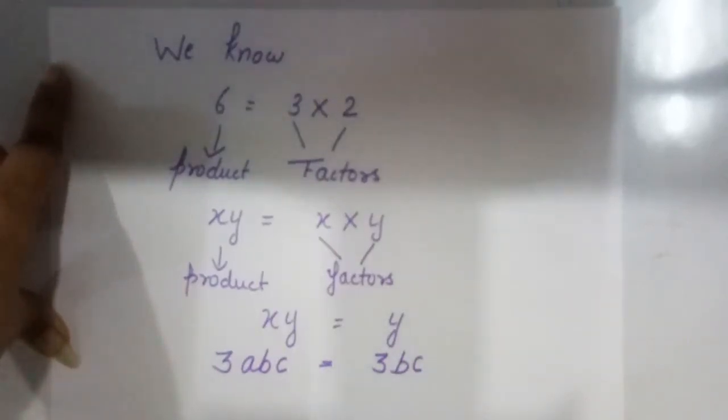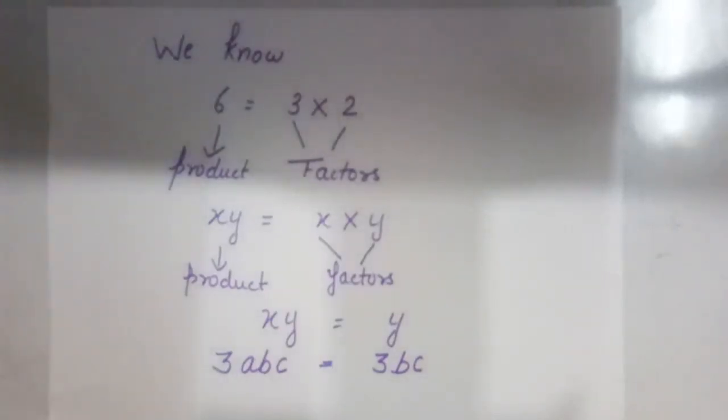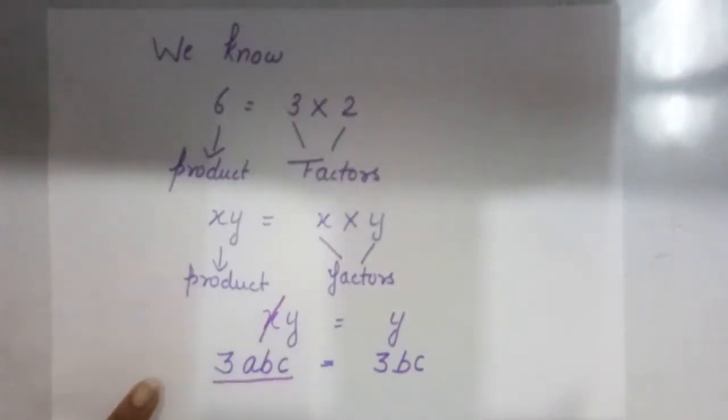So how do we come to know that these are the coefficients? Look here, if we have to find the coefficient of x, that means we will not count x. So leave x, whatever is left, that is the coefficient. Same way, in the term 3abc, we have to find the coefficient of a. So we'll cut a here, whatever is left, that is 3bc, that is the coefficient of a.